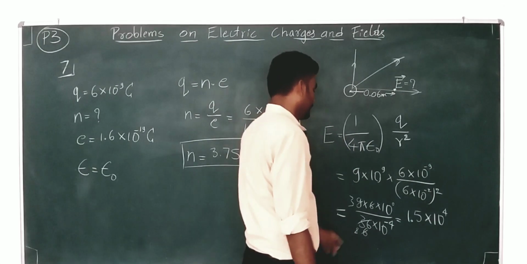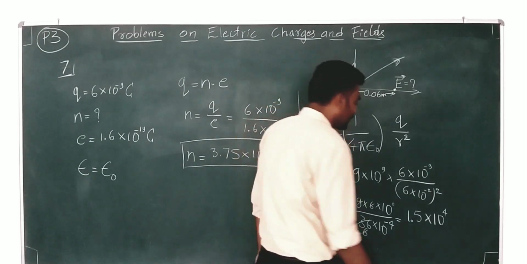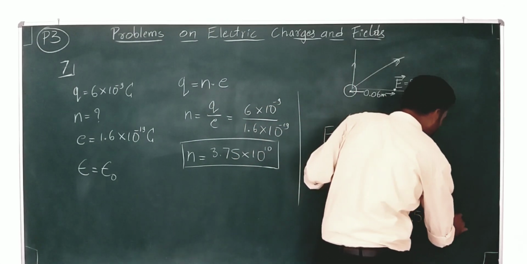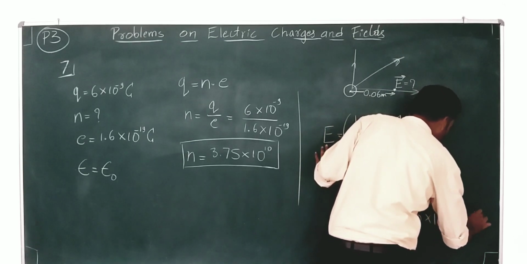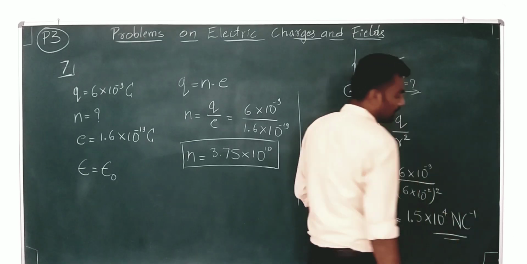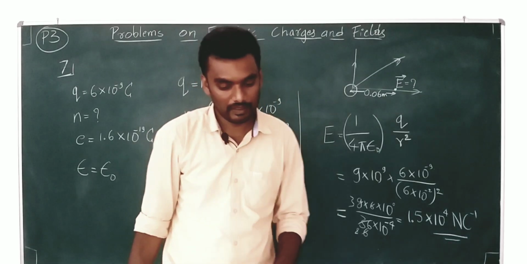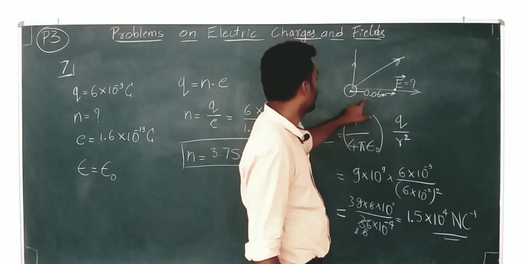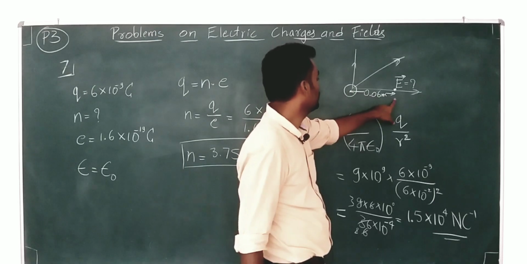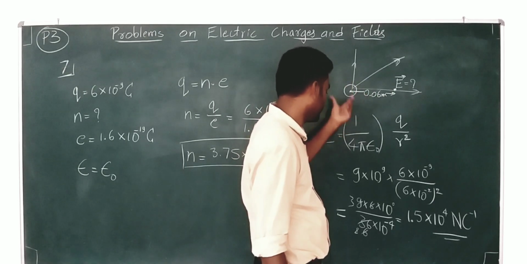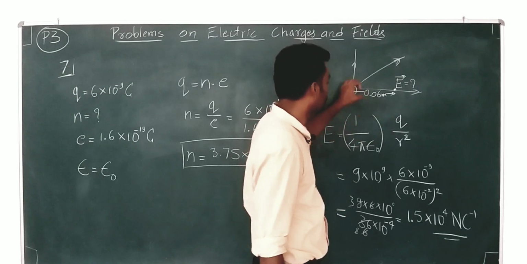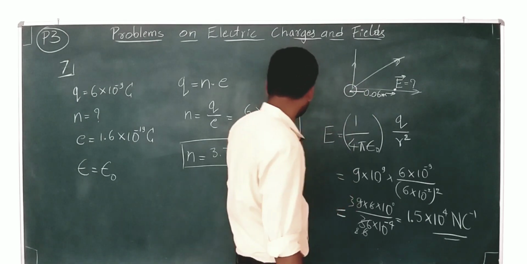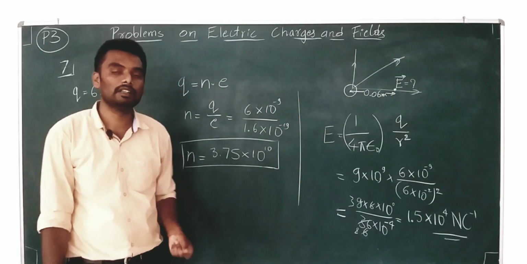So it's 1.5 into 10 to the power of 4. What is the SI unit of electric field? It's Newton per coulomb. So this is the electric field at this point, which is 0.06 meter from the center of the given spherical body, which is charged after removing the electrons. Both parts of the question are answered now.